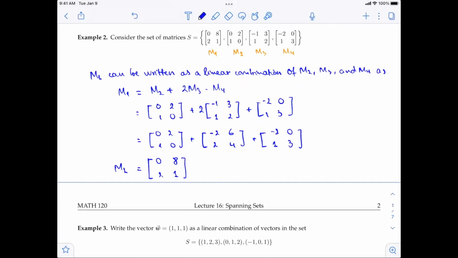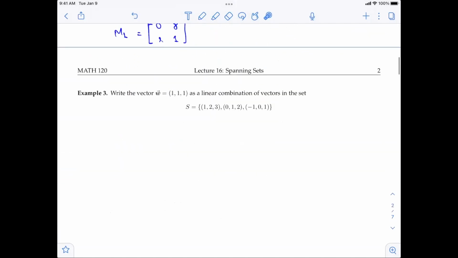And again, to find the coefficients of this linear combination, we will learn how to do that in the next example. All right, so in example 3, we want to write the vector w as a linear combination of the vectors in the set S: (1, 2, 3), (0, 1, 2), and (-1, 0, 1).